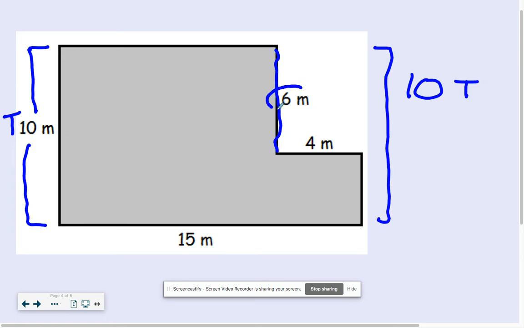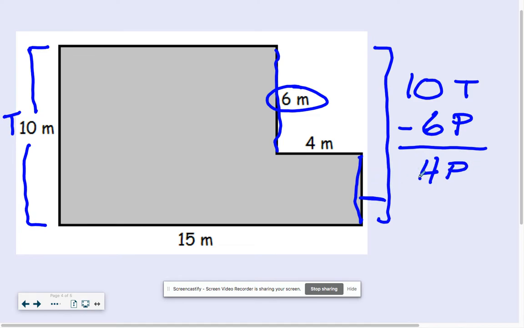That side amount is 6. So 6 is a part. My other side is right here, and if you notice, there is no amount written in. So that's what we're trying to solve. 10 minus 6 is 4. So 4 is our other missing part. And the 4 goes right here. So that side right there is 4 meters.